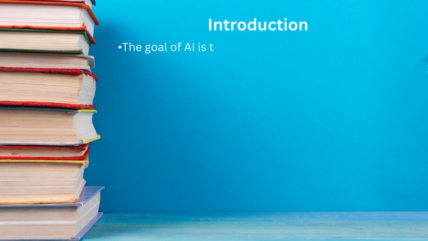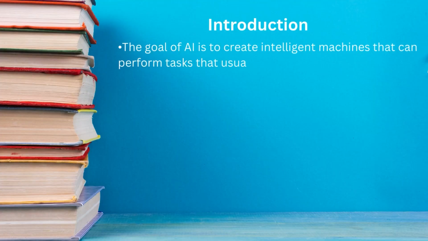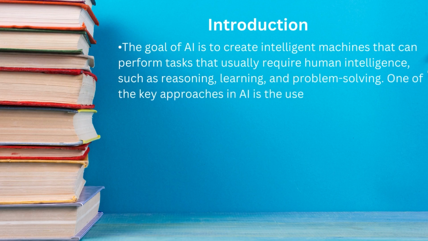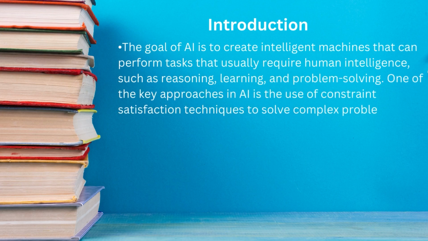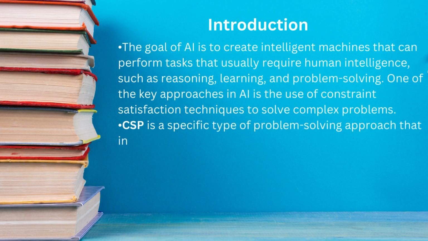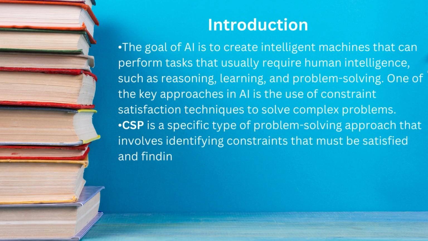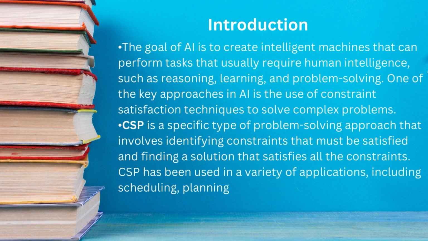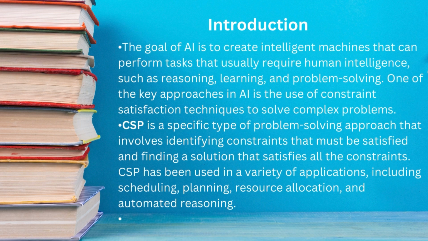The goal of AI is to create intelligent machines that can perform tasks that usually require human intelligence, such as reasoning, learning and problem solving. One of the key approaches in AI is the use of constraint satisfaction techniques to solve complex problems.